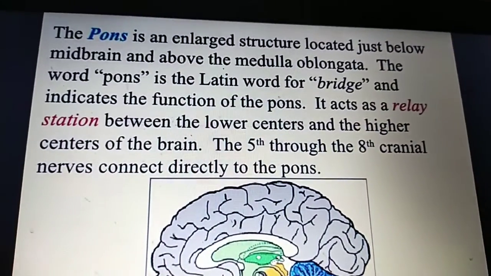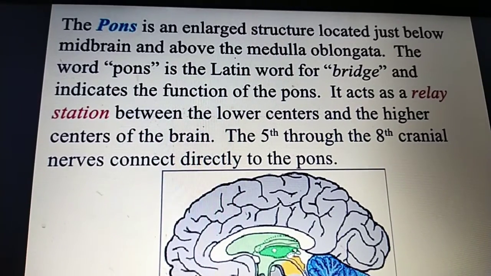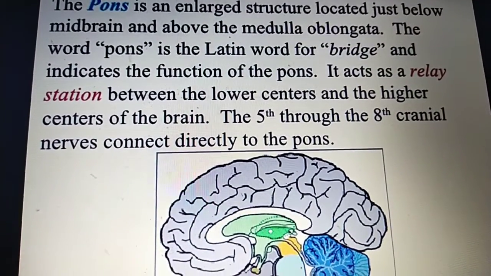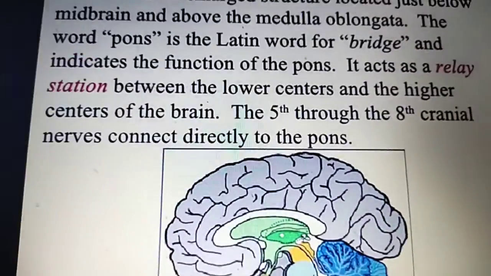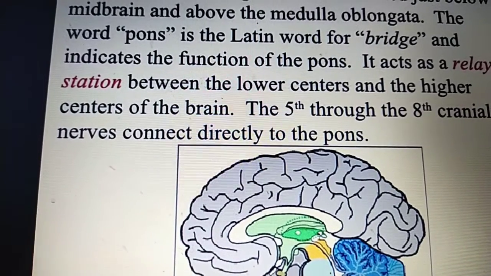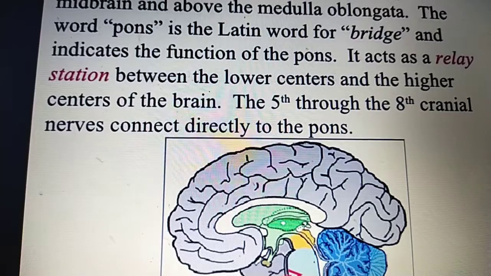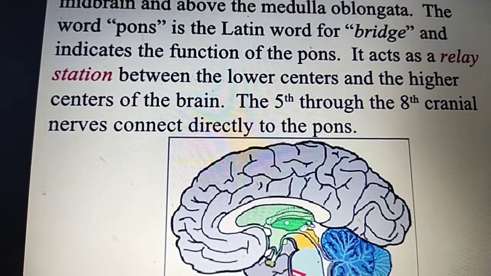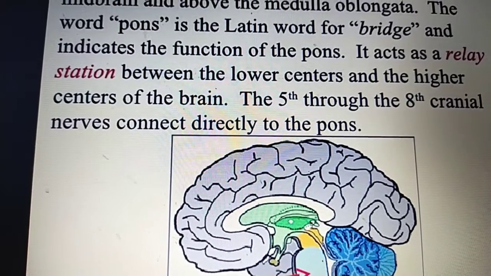The pons is an enlarged structure located just below the midbrain and just above the medulla oblongata, and the word pons is the Latin word for bridge and indicates the function of the pons. It acts as a railway station between the lower center and the higher center of the brain.